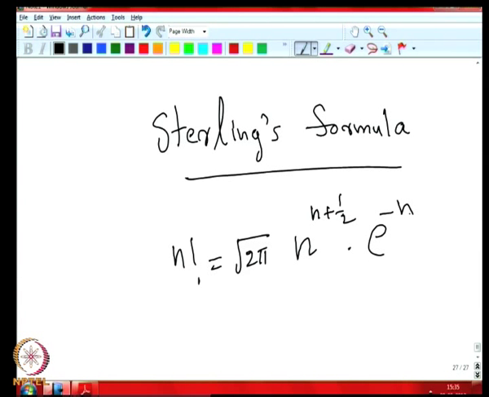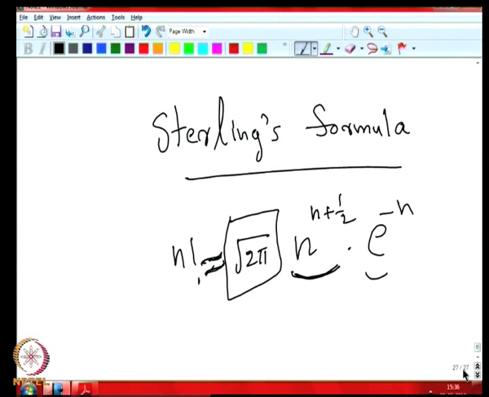Here e was written as n by e whole power n, so this half was taken inside the root. But here we separate the constant and the dependence, so n to the power what and e to the power what. But this is only approximately equal to, it is not equal.